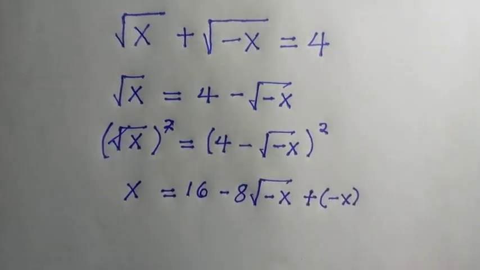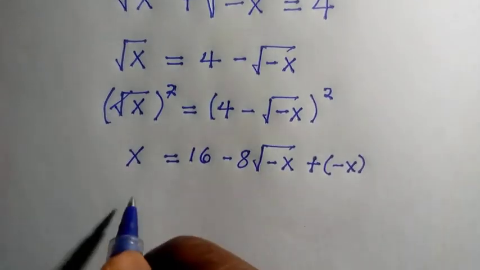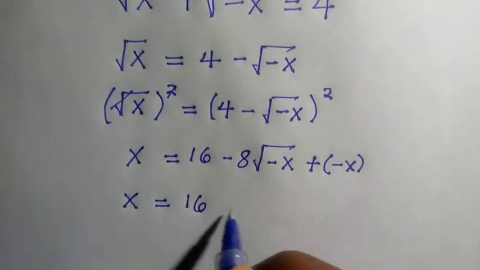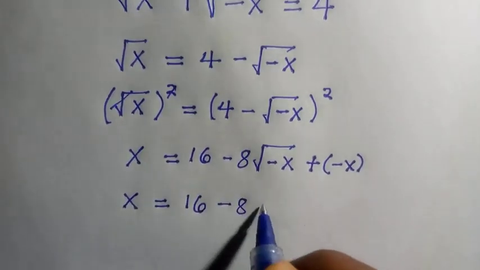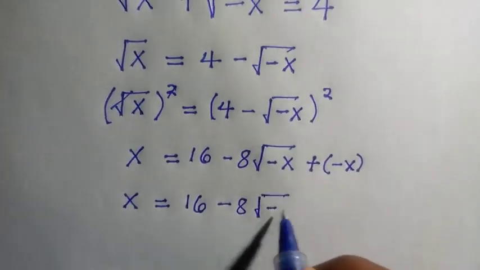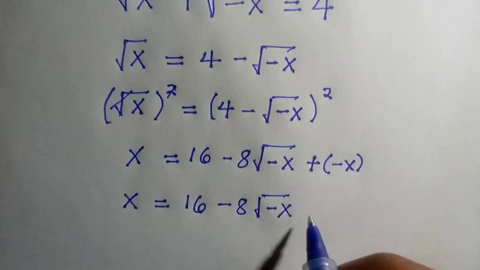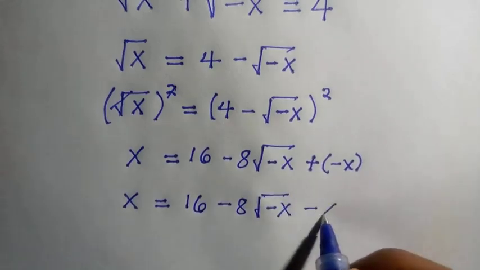This is what we get. Next we have x equals 16 minus 8 the root of minus x, and when this multiplies each other, we have it as minus x.